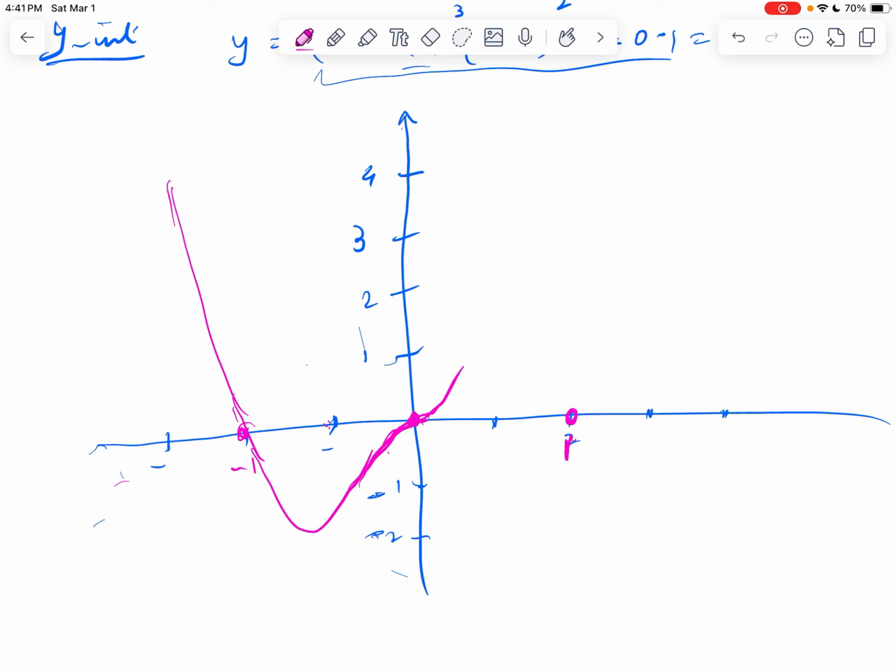So this behavior should be very, very clear over here. This behavior. Okay. So we have this portion done almost.